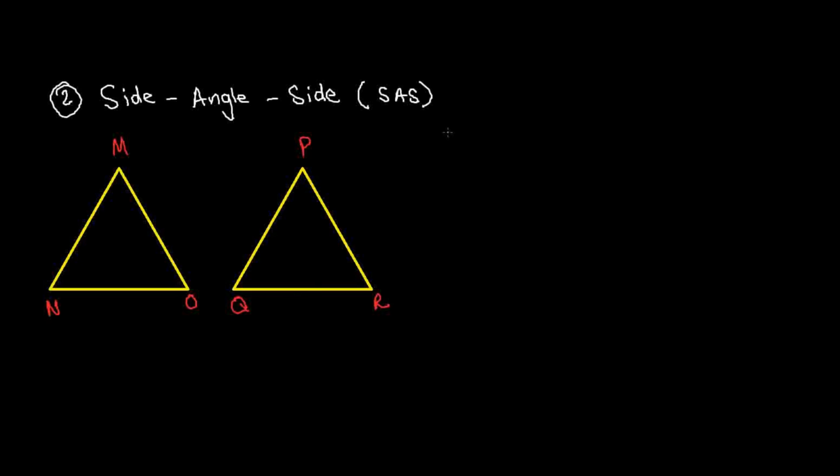So what am I required to prove? I'm required to prove that triangle MNO is congruent to triangle PQR, right? So let's write out our proof. Okay, let's write out our proof as such.